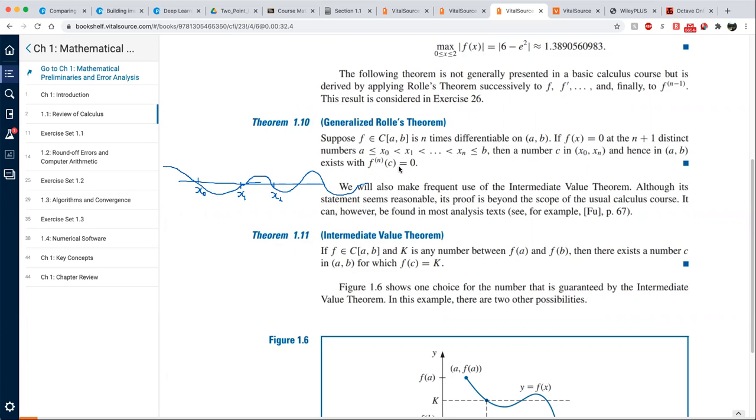So if a function f is continuous and n times differentiable, and there exist n plus 1 distinct numbers x0 through xn, which are the x coordinates of the x-intercepts, then there exists c, maybe right here, such that the nth derivative of f at c is zero. This is the graph of f, and the nth derivative of f.